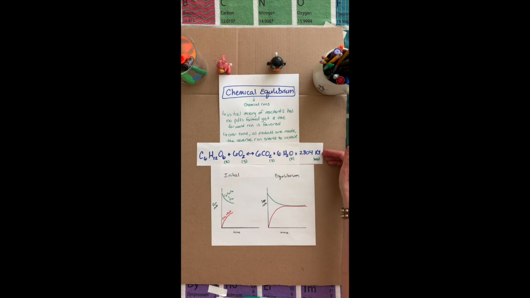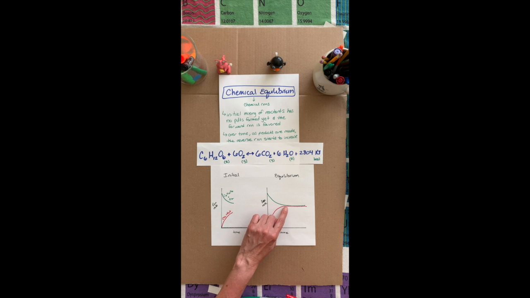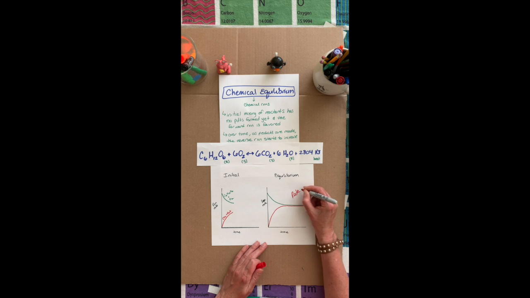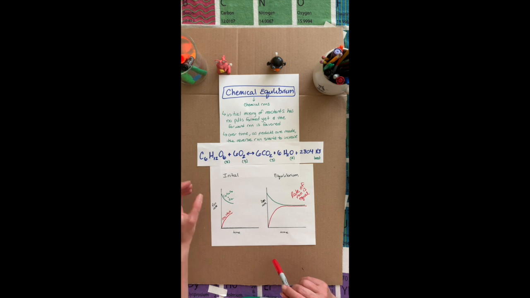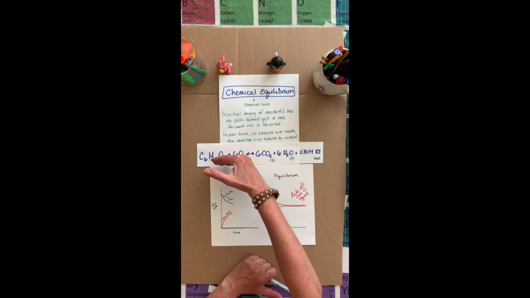I could substitute any chemical reaction here that is in a closed system, and this would represent that equilibrium. The reactants decrease in amount as they form products increasing, and eventually the rate of reaction is equal. Not the amount of reactants and products, but the rate of the forward reaction is at the same rate as the reverse reaction.